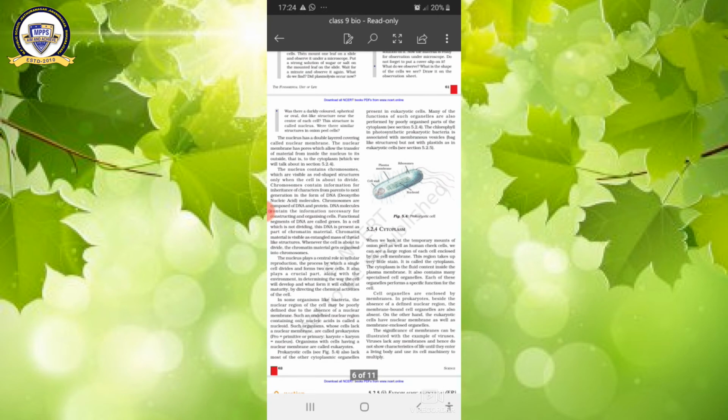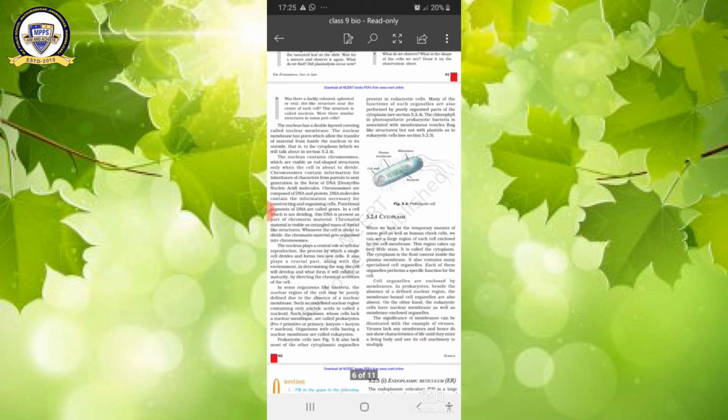The nucleus contains chromosomes, which are visible as rod-shaped structures only when the cell is about to divide. Chromosomes contain information for inheritance of characters from parents to the next generation in the form of DNA molecules. What is the full form of DNA? Deoxyribonucleic acid.